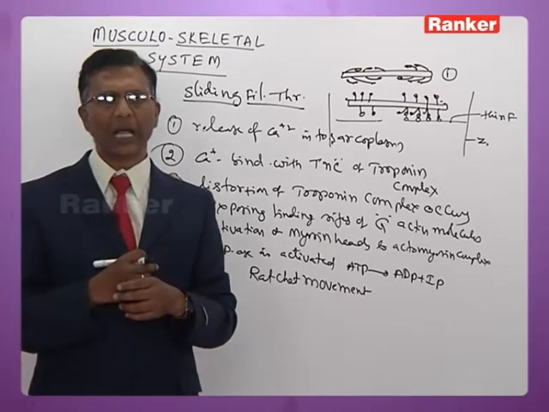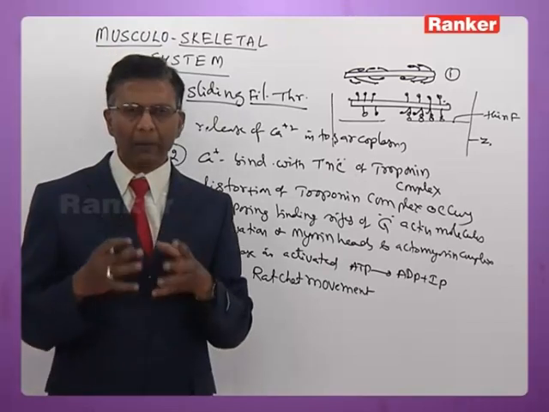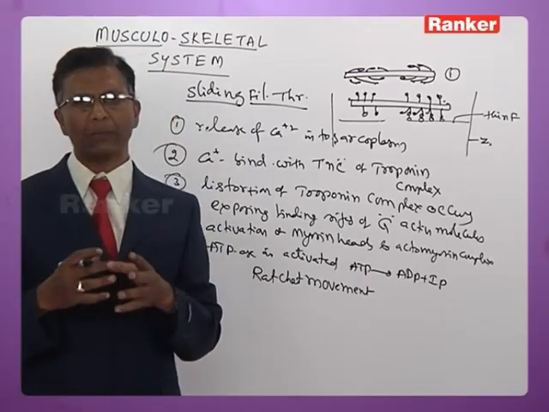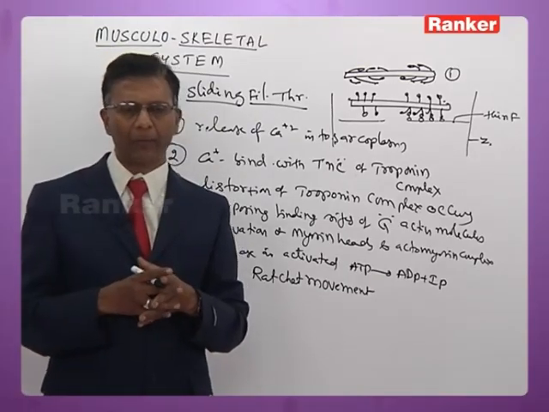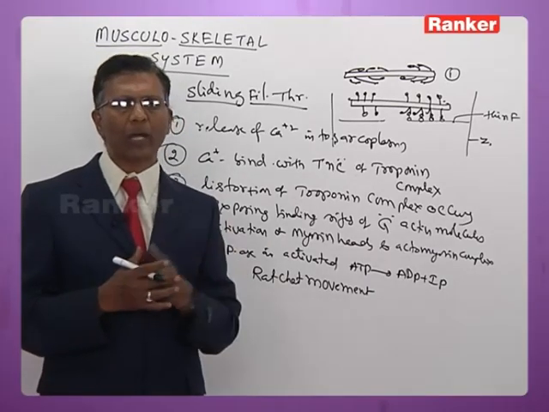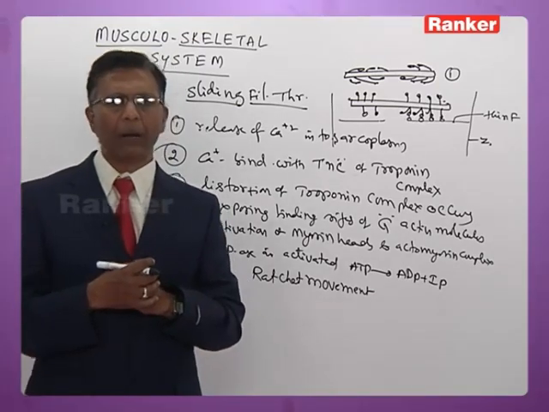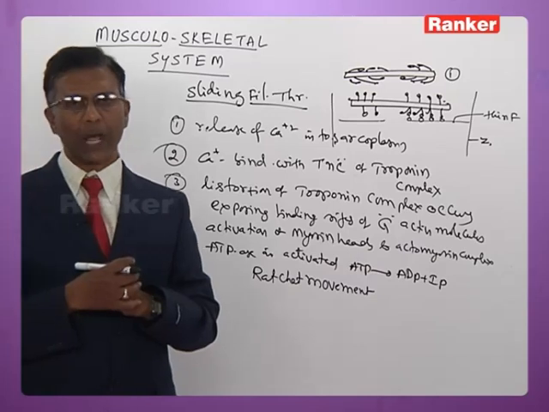Now all these changes occur as long as ATP and calcium ions in the sarcoplasm are available abundantly. When ATP is exhausted or when there is no stimulation from the motor end plate, all the calcium ions are once again reabsorbed by the cisternae of the sarcoplasmic reticulum.